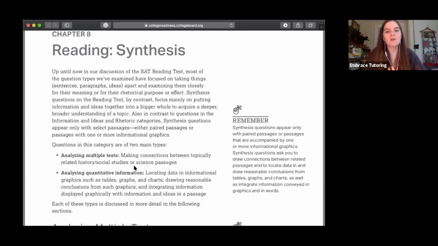Okay, getting back on track here with the reading test, they break down the information and ideas section into types of questions that fall into that category.